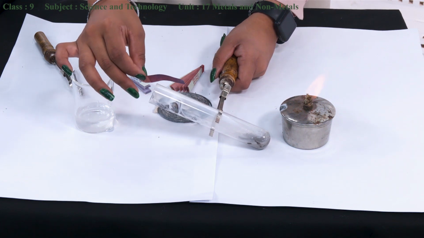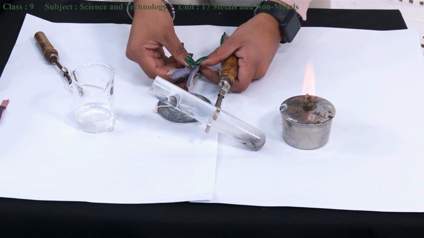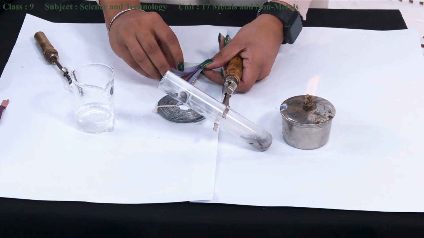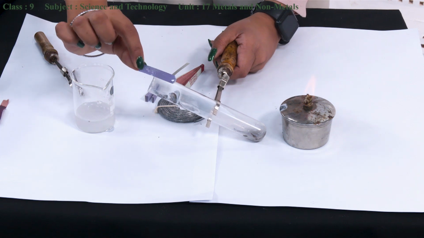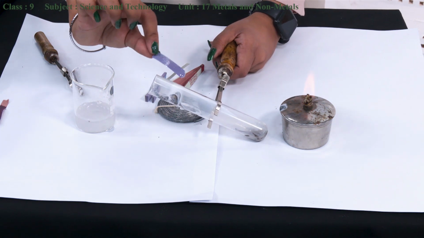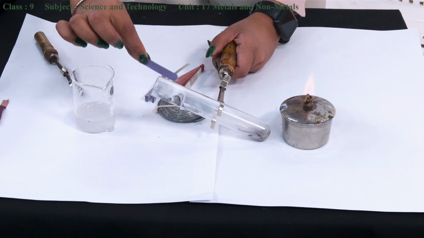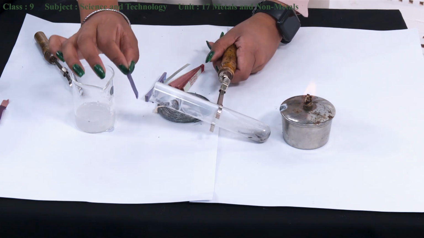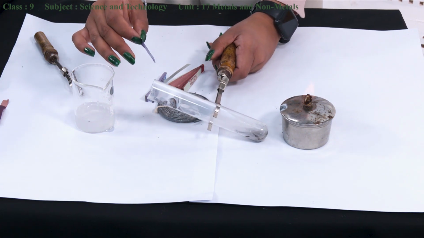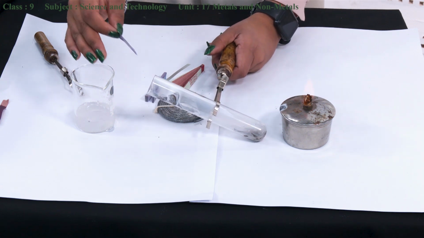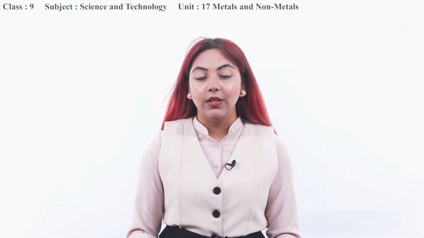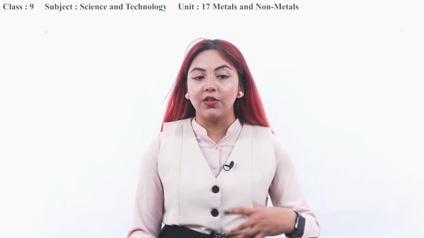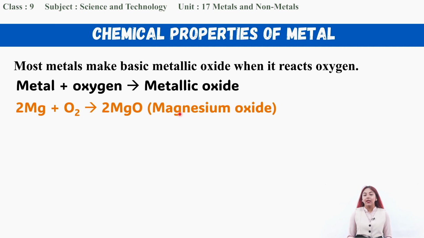Now let us test if this converts the blue litmus paper or not. Here you can see that the color of the litmus paper has not changed. So that means this is basic. So from the litmus test, we can say that when magnesium reacts with oxygen, it formed a metallic oxide which had basic properties. So we just studied that when magnesium is burned in the presence of oxygen, it gave us magnesium oxide which was basic in nature.